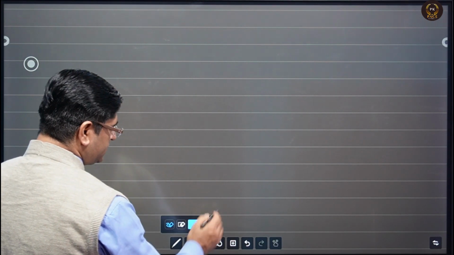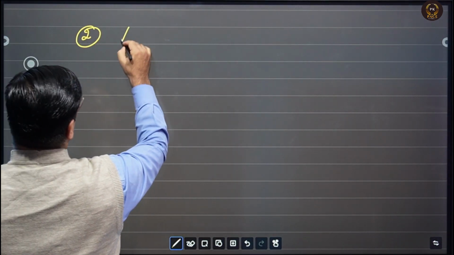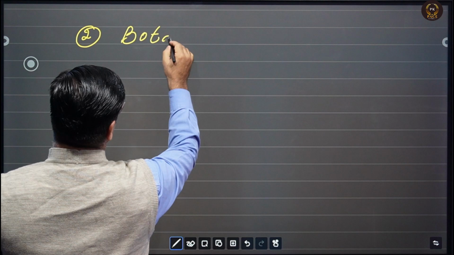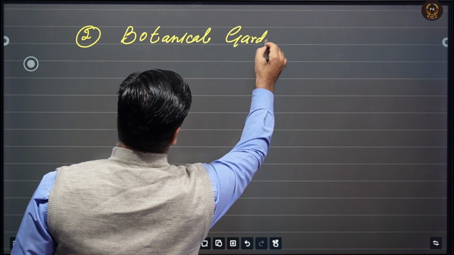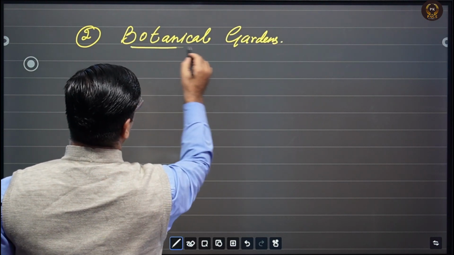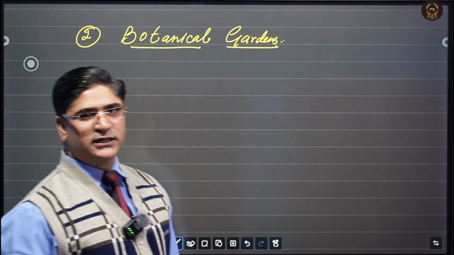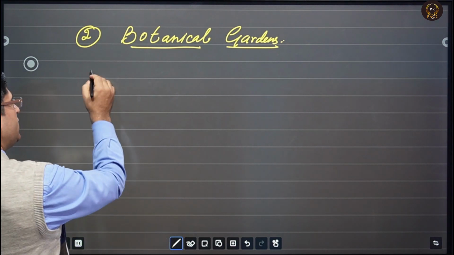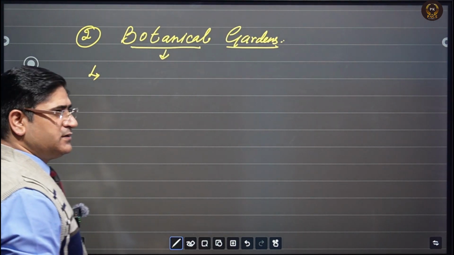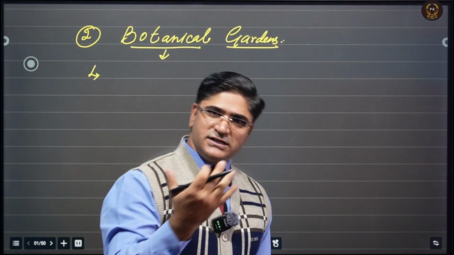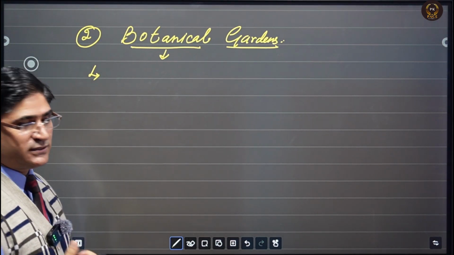Similarly, there are other taxonomical tools like botanical gardens. So what are botanical gardens? Why is the government forming and developing these botanical gardens? What is the requirement of that?